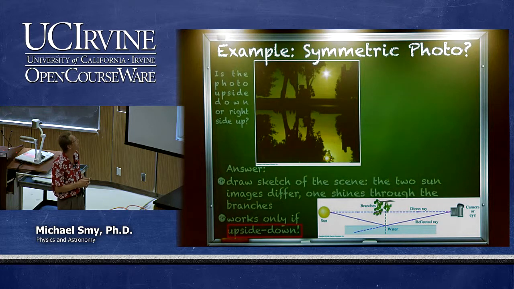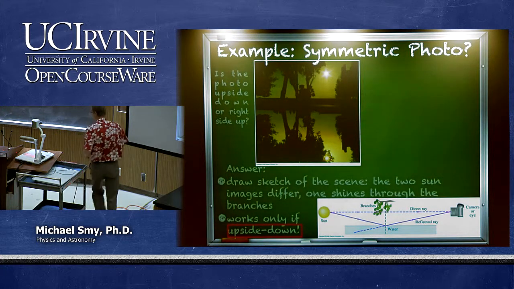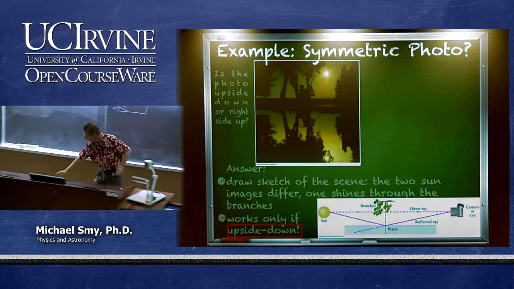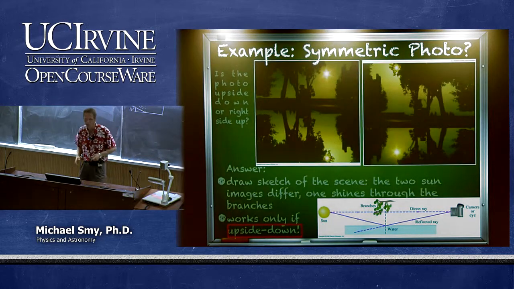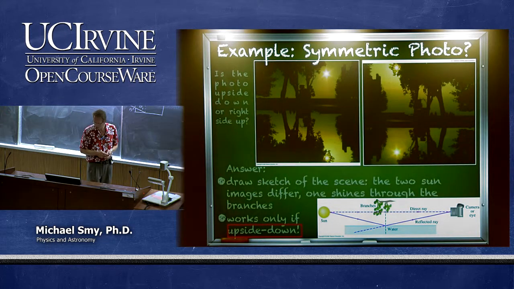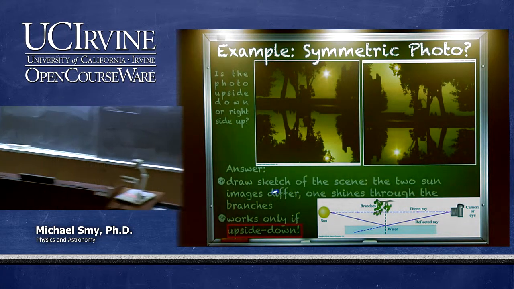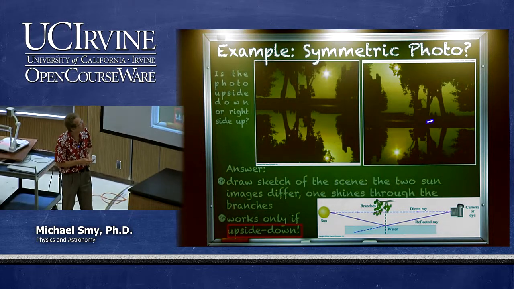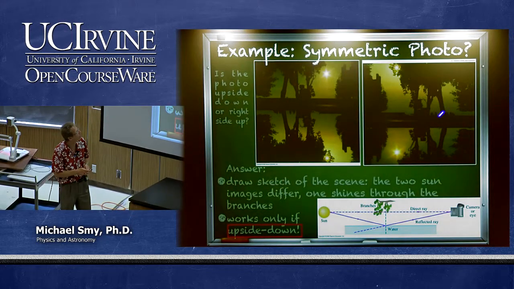And at first glance, you would think we can't tell. So I can turn this picture around, and at first glance it looks to be exactly the same, but then you notice some differences. First of all, in this case, the people in the background are right side up, and here they are upside down, and there's no equivalent.